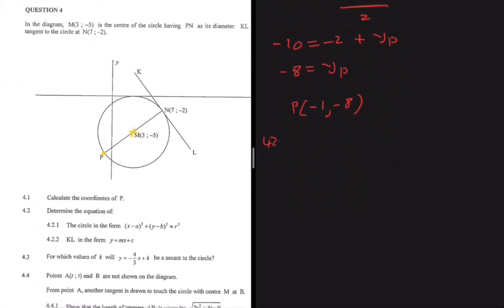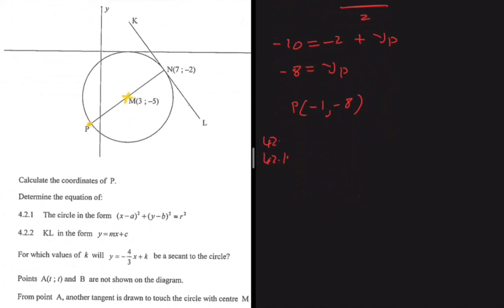Let's do 4.2. And then we have 4.2.1. So 4.2.1 is saying that let's determine the equation of the circle in the form (x minus a) squared plus (y minus b) squared is equal to r squared. So here we're going to use the coordinates of M again, right? 3 will be a and y will be b, or minus 5.